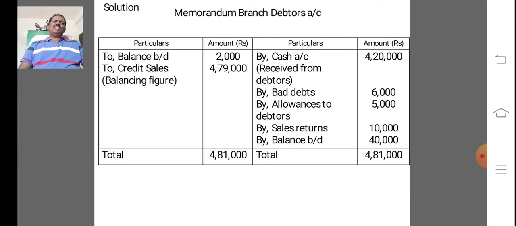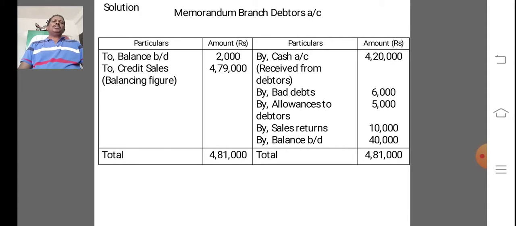By bad debt 6,000, by allowances to debtors 5,000, by sales returns 10,000, by balance carried down 40,000.